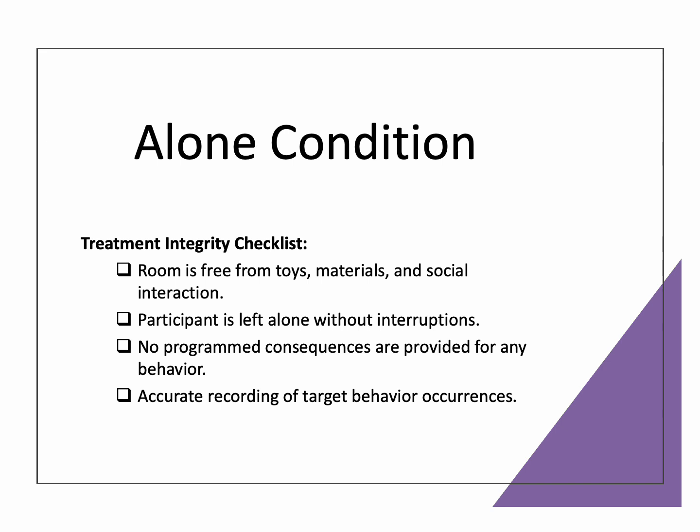Some people opt to be in the room and just not pay attention to the participant at all, and some people opt to be outside of the room. And then no programmed consequences are provided for any behavior. So if you are in the room or outside of the room, you will not be interacting with that client whatsoever, and there should be no consequences for any behavior that they engage in. And then finally, you're going to record instances of the target behavior as they occur.